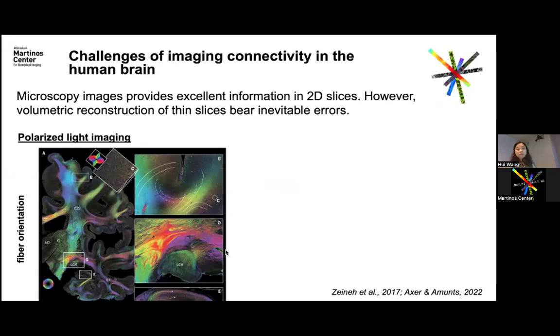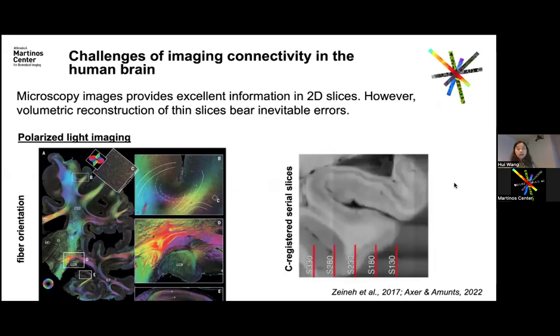And the problem of this, as with other optical imaging techniques, is that they image individual thin slices of tens of micrometers. When you look at the slices individually, they show very nice pictures of fibers. But when you put the slices together, you start to see enormous distortions between slices.